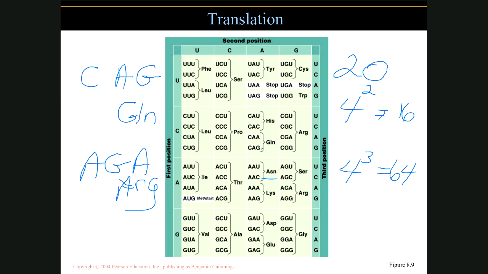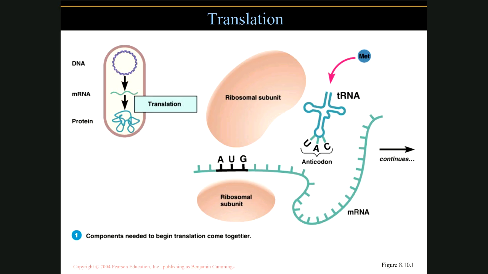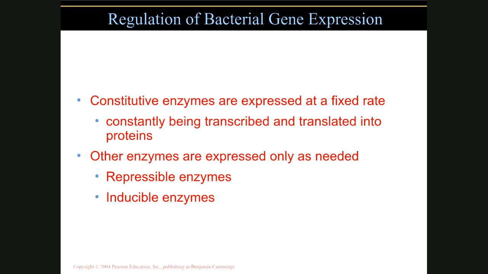So I'm not going to actually go into any of this stuff here. We're going to move on to the regulation of bacterial gene expression. So as you know, bacteria are small single-cell microorganisms. They have a certain number of genes, and all of those genes are not going to be turned on.